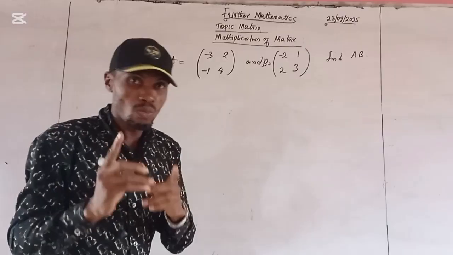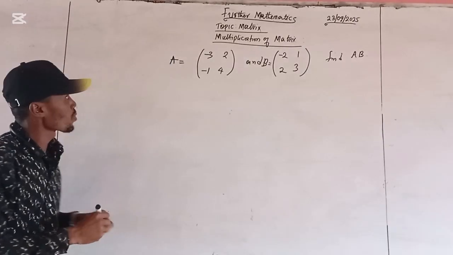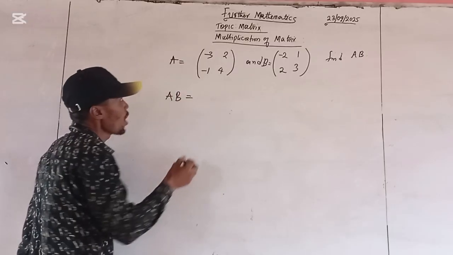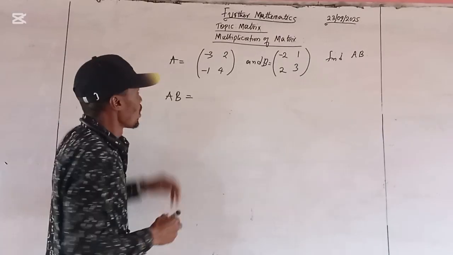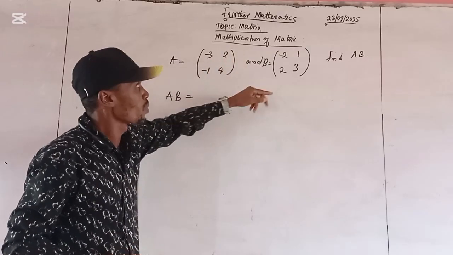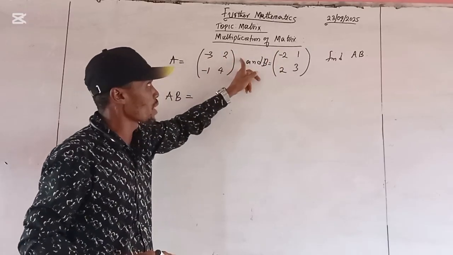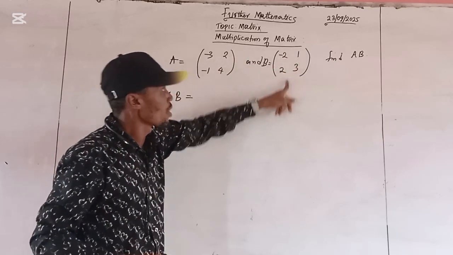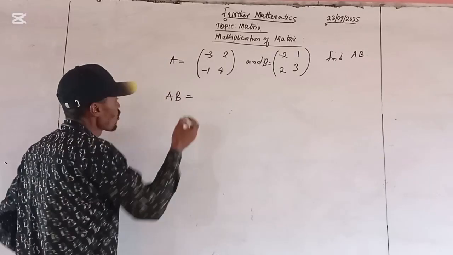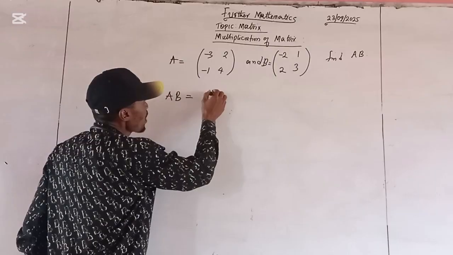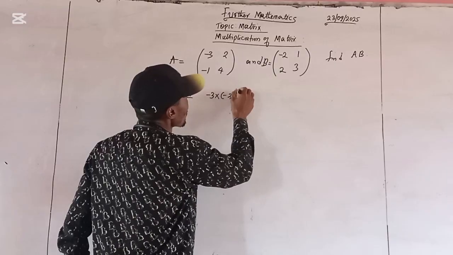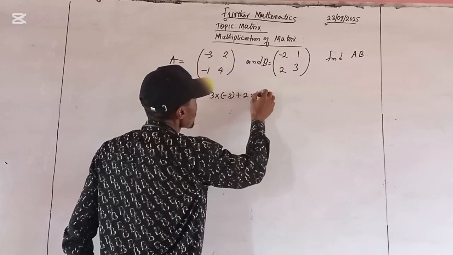I want you to watch closely and see how we're going to manipulate this. So we have A, B will give us, look at how we do it. Take the first row in matrix A, multiply the elements in the first row in matrix A with the elements of the first column in matrix B. So that will give me -3 times -2, okay, plus 2 times 2.